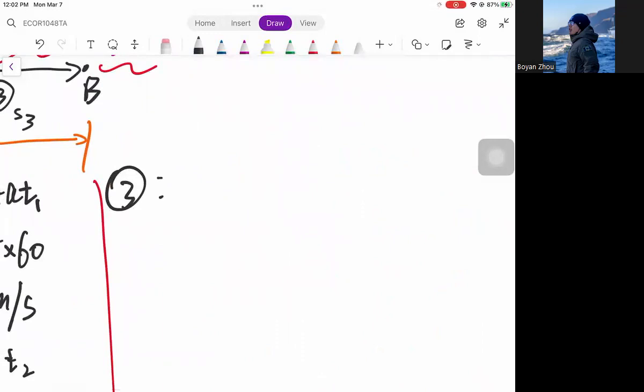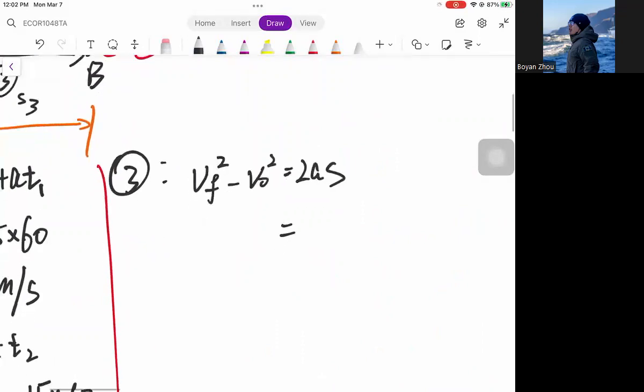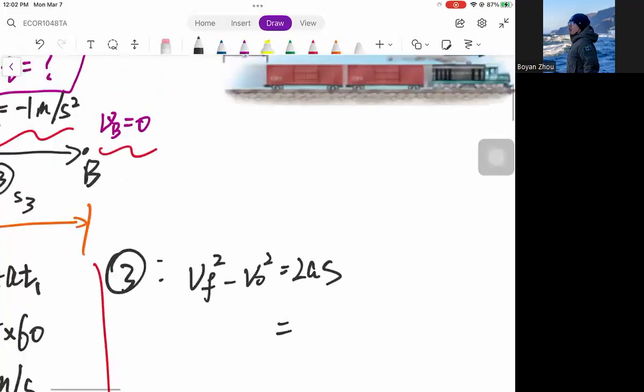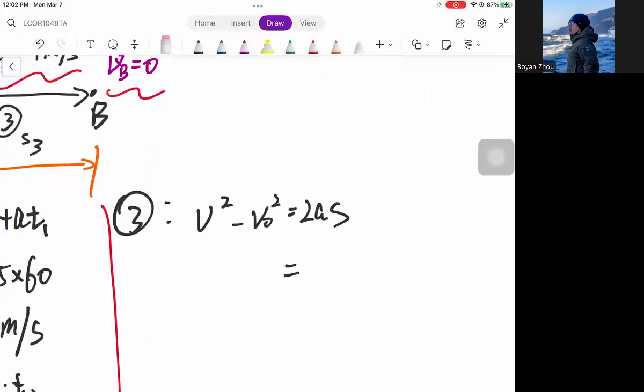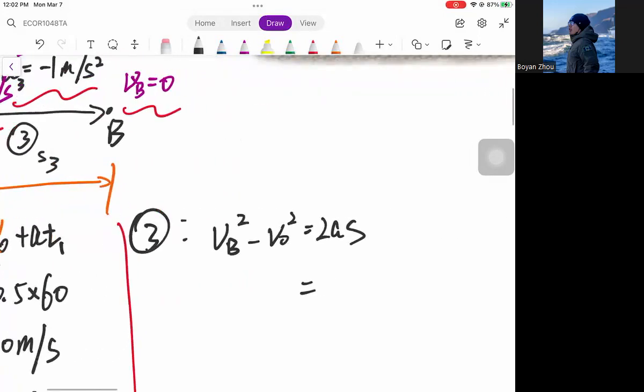I'm gonna repeat the equation: the final velocity squared minus the initial velocity squared is equal to 2as. The final velocity is 0. Actually, I'm gonna keep the same notation, so it's gonna be VB minus V2.